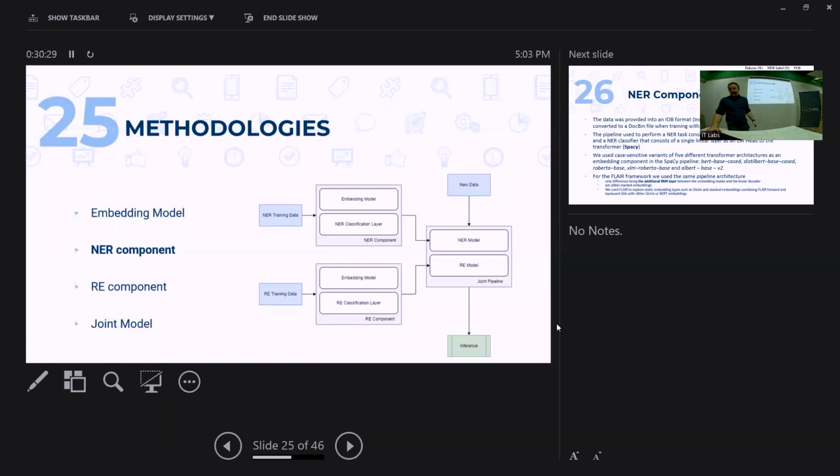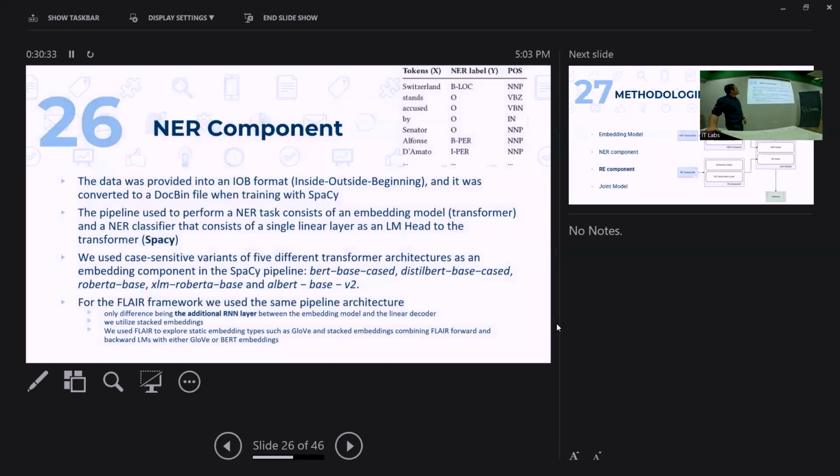Okay. Now we are going to the NER component, in more detail. The data was text. We tagged the text on a given platform, and then we had to extract the data in this format. This is a quite commonly used format for the NER task, named entity recognition.